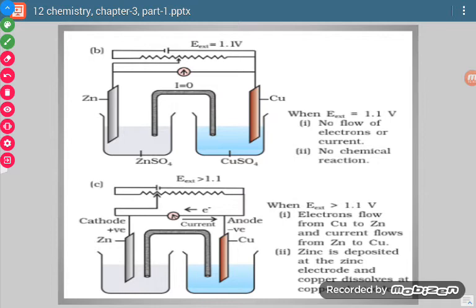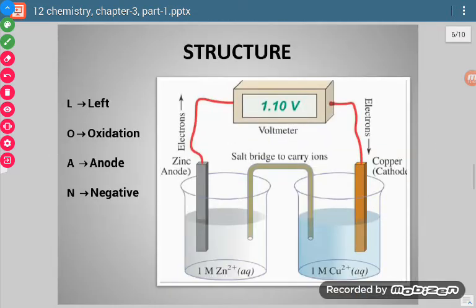When external potential is greater than cell potential, then the cell behaves as electrolytic cell, because the reverse reaction is occurring, so it will become electrolytic cell rather than electrochemical cell. Okay, so this is what will happen with the effect of external voltage.